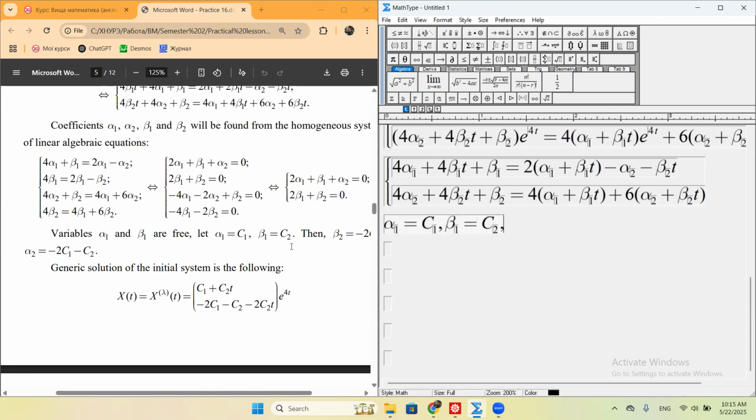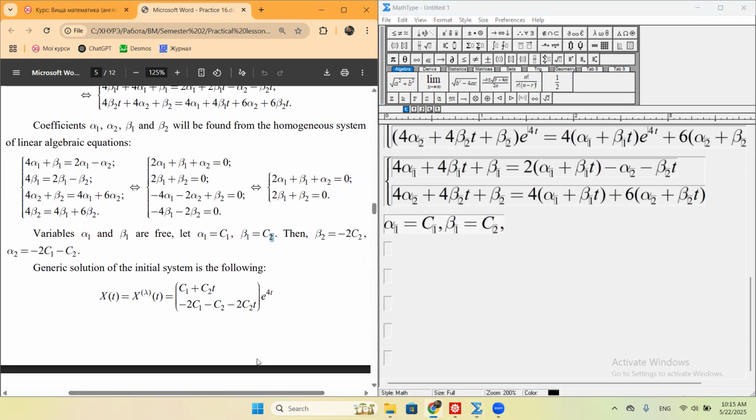Then, as we can see here from my notes, beta 2 equals minus 2C2, and alpha 2 equals minus 2C1 minus C2. So we found these undetermined coefficients.